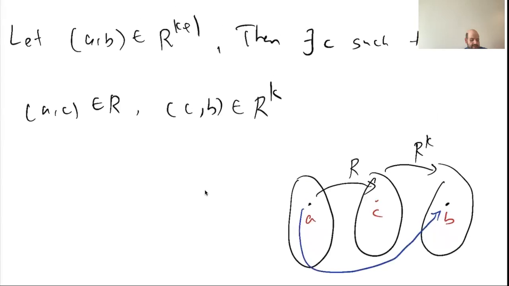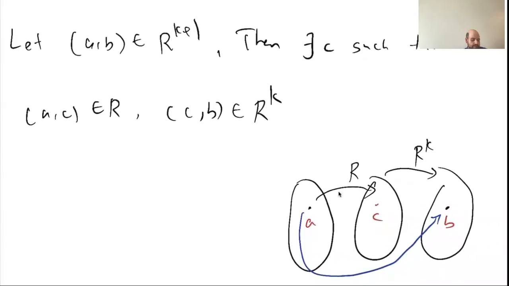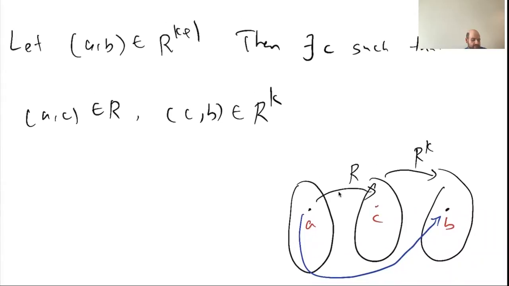If (a, c) is in R and (c, b) is in R^k, then I can say (a, b) is in the composition R^k∘R. Okay. So here I'm using the fact that R^(k+1) basically is the same as R^k∘R.